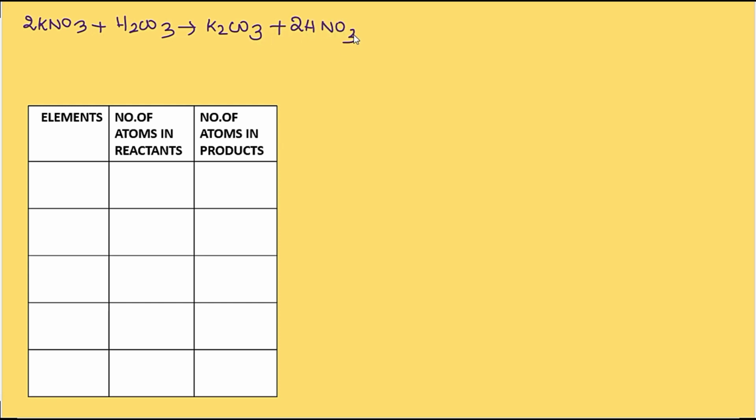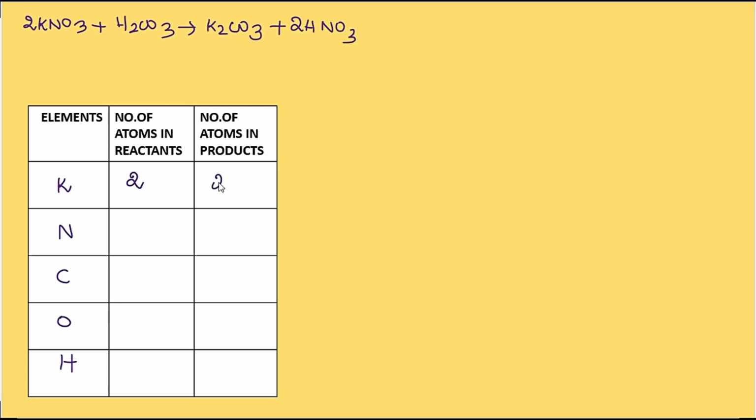Okay, 2HNO3. So again we will write down the number of elements: potassium, nitrogen, carbon, oxygen, hydrogen.